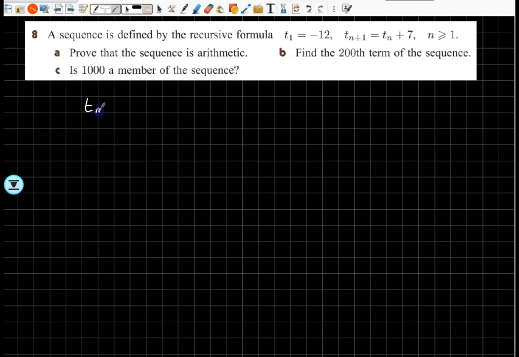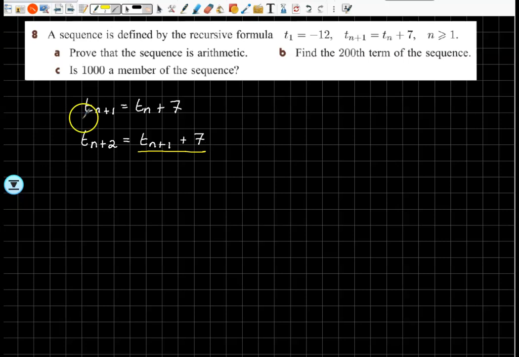If you really wanted to go hardcore on this and prove it for everyone, if we look at Tn plus 1 equals Tn plus 7, the next term would be Tn plus 2 equals Tn plus 1 plus 7. Would you agree? So technically this was the n plus 2 term.